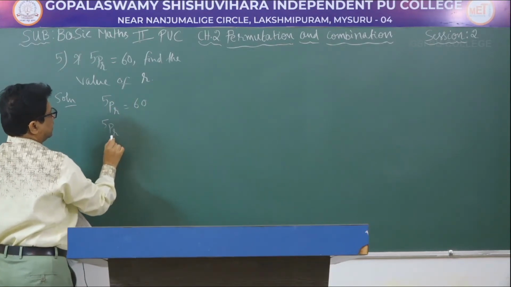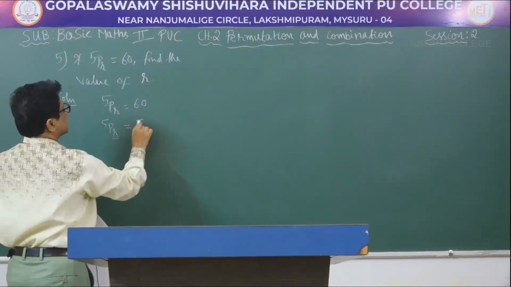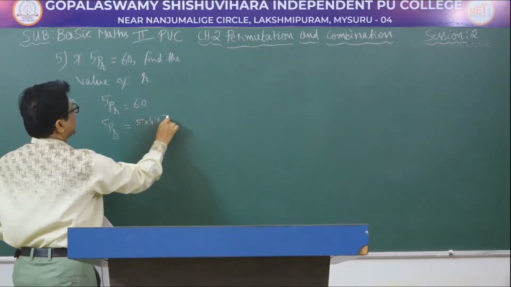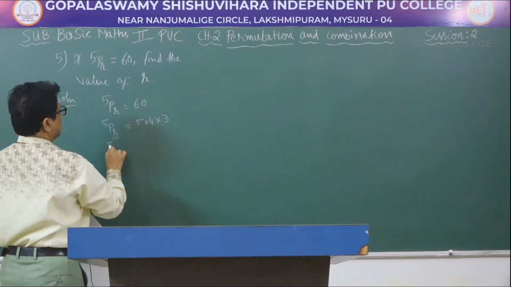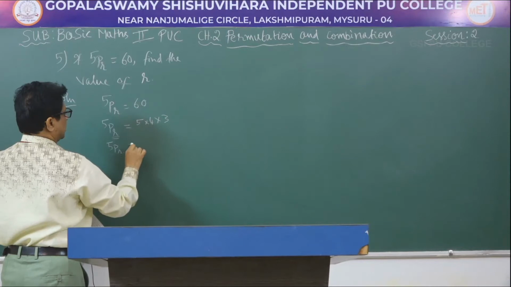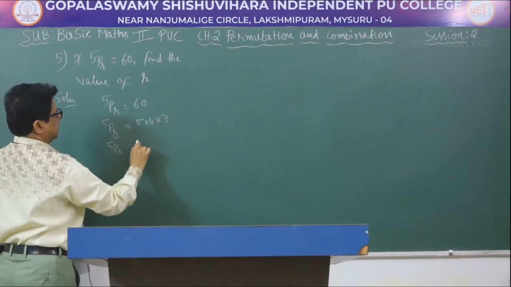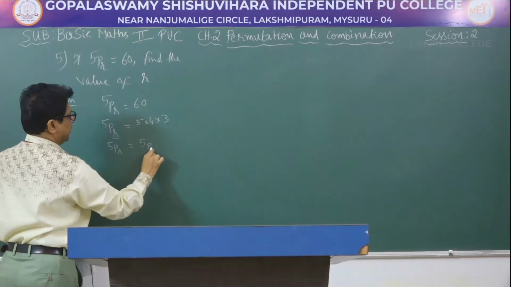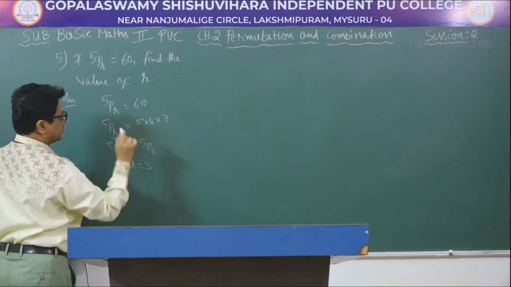We have to find the value of r. So, 60 can be written as 5 into 4 into 3. 5 into 4 into 3 can be written as 5P3. Therefore, r will be equal to 3.